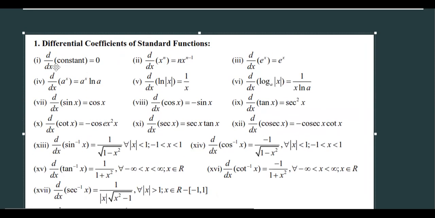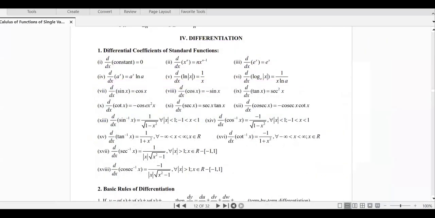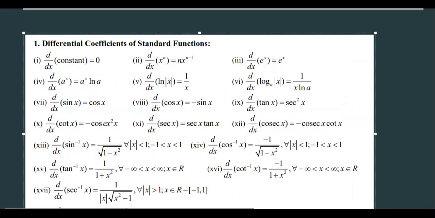What is that? Derivative of a constant is 0. Derivative of x power n is n x to the power n minus 1. Derivative of e power x is e power x. Derivative of a power x is a power x log a.